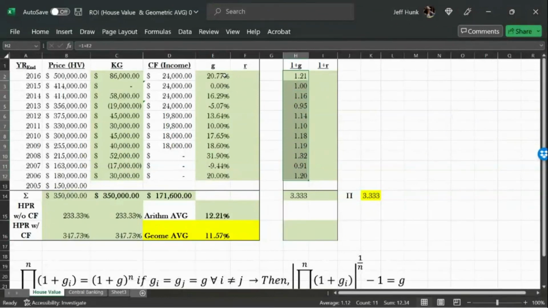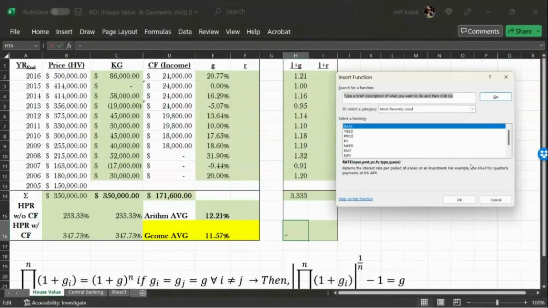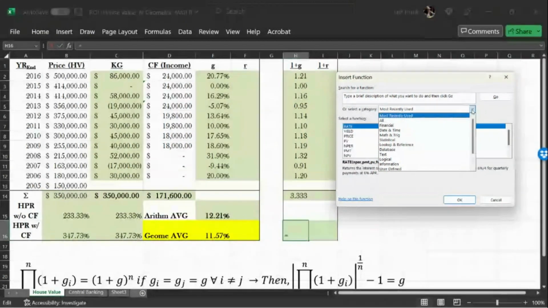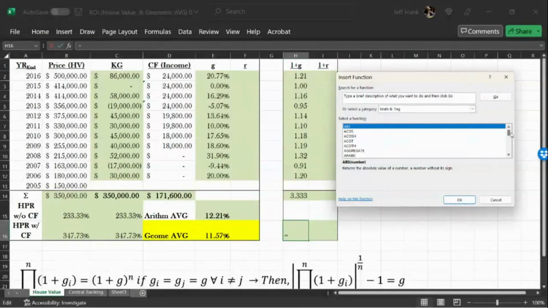Anyway, back to this. If you want to use geomean, you have to use not the net growth rate, but the gross growth rate, or not just the net return, but the gross return, right? Here you can go to function, then math and trigonometry, and geomean.